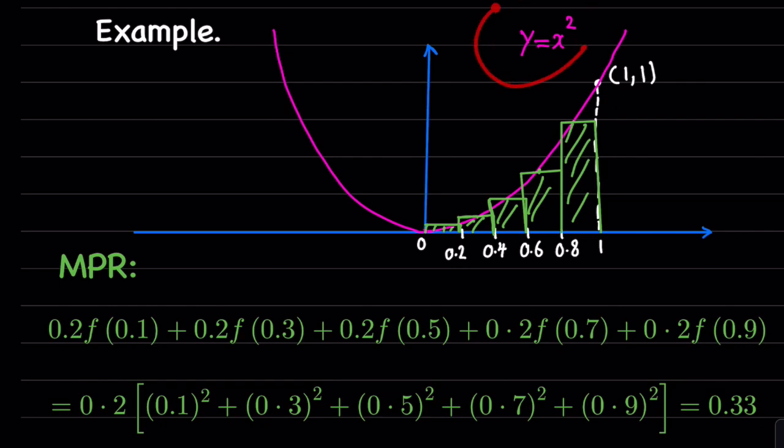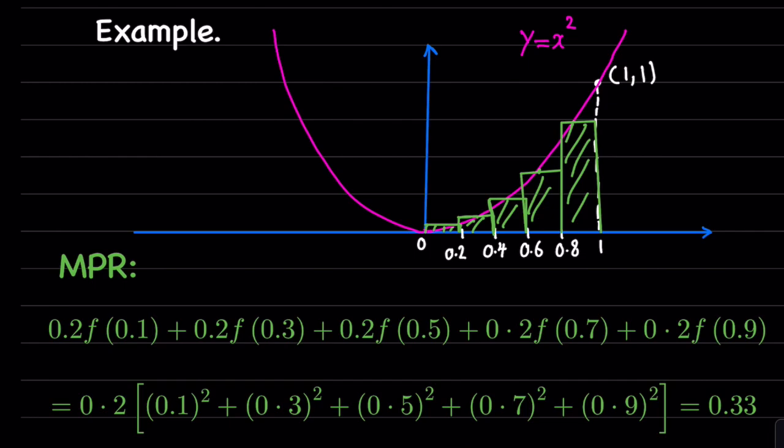If I had x cubed or any other function, all you need to do is, when you're evaluating the value of the function at 0.1, because the function is x squared, it becomes 0.1 squared. If you have some other function, then going from here to here you'd have another formula, so you use the same formula, and that gives you an approximation.